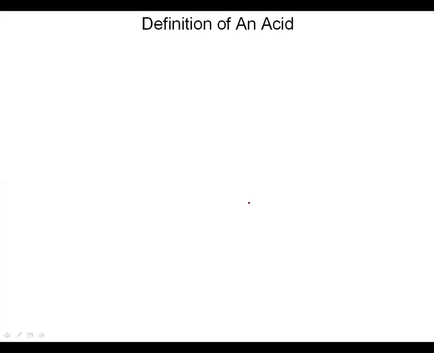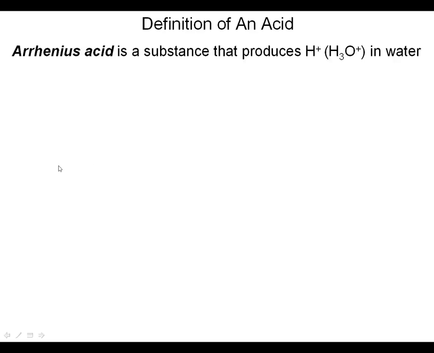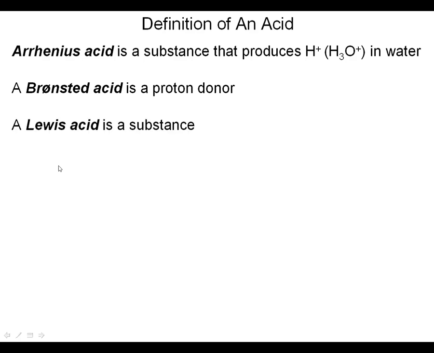Now, we've been talking about some definitions of acids and bases in this chapter. We talked about the Arrhenius definition, which is essentially something that produces H plus or OH minus. We talked about the Bronsted-Lowry definition, which is proton donor and proton acceptor. There is a third definition of an acid and base, and that's one brought out by Lewis.